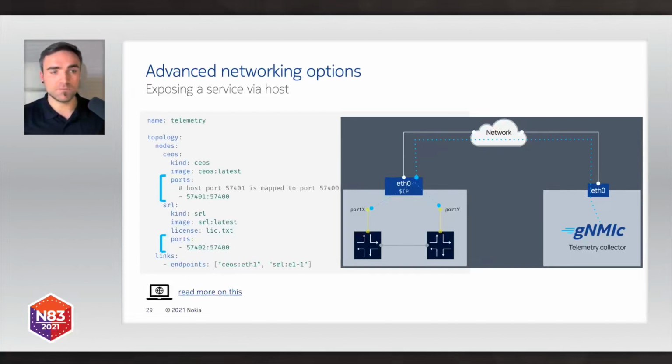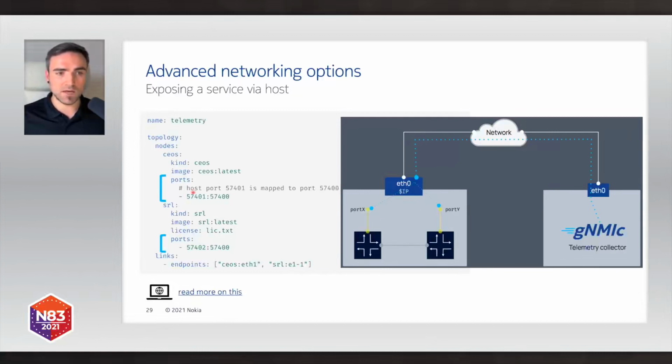The first one is exposing a service, which is done through the ports command inside the topology. Because we work with containers, we can leverage the port exposure, and Containerlab, of course, can leverage that. For example, if you have the telemetry running on your nodes, and I have two nodes here on the right-hand side in the diagram, both of them running gNMI over the port 57400, I can expose those gNMI services to the host port using the port instruction right here.